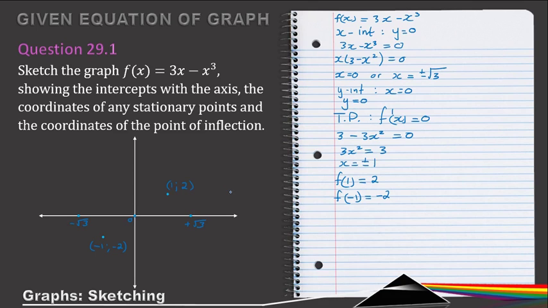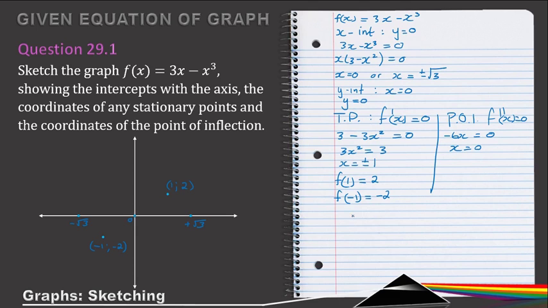Okay, and then the next thing we need to find is the point of inflection. So that's the second derivative equal to 0. And the second derivative becomes negative 6x equal to 0. Solving for x, we just get x equal to 0. So this point over here is also our point of inflection.